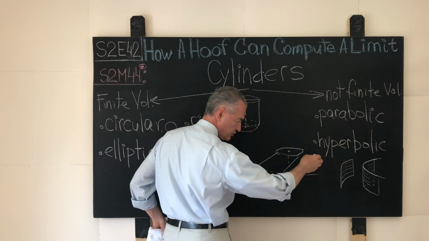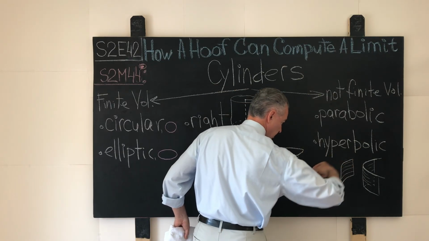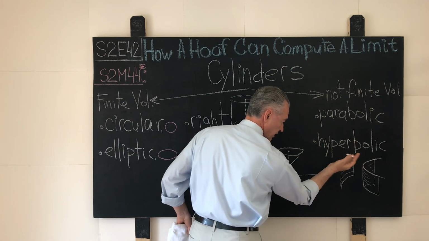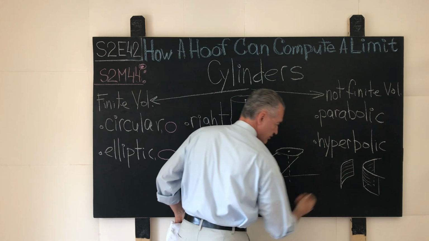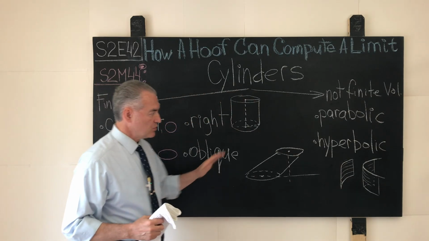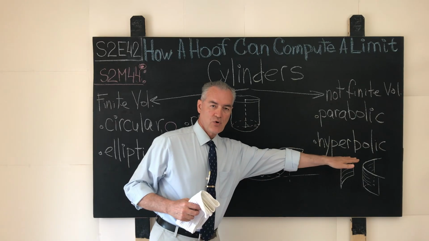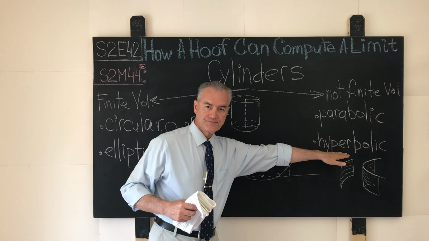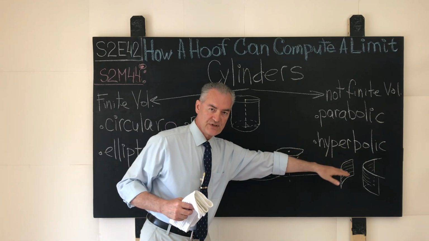Let's say it's foreshortened, but the idea is the same. The surface runs into infinity on both sides. We make many downward copies and thus generate a hyperbolic cylinder. For our purposes, we're not interested in these types of cylinders. In other words, parabolic and hyperbolic cylinders are off the table.